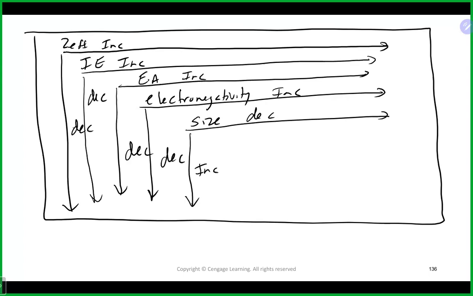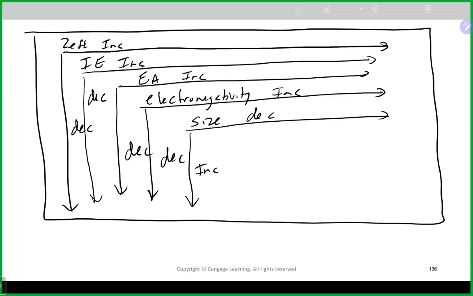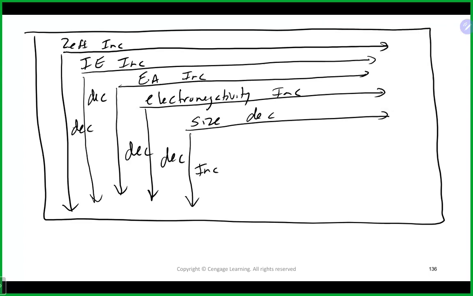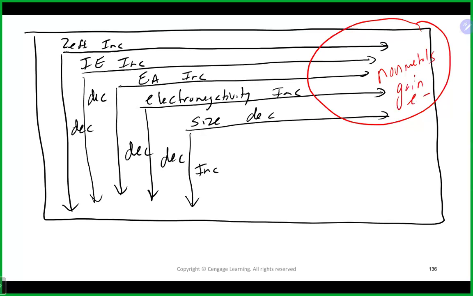So what we see with all this is that as we look to the upper right of the periodic table, we have things where electrons are close to the nucleus. They do not want to give away their electrons, and they want to take other people's electrons. This is what we see with nonmetals. This is why nonmetals typically like to gain electrons: I'm keeping my electrons and I want to take your electrons.